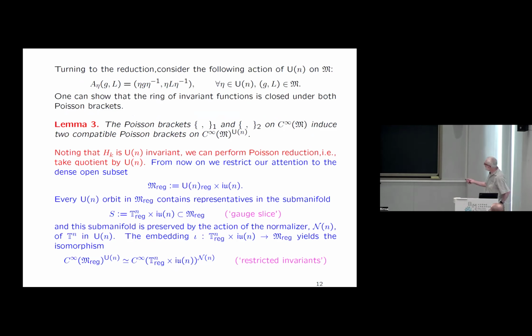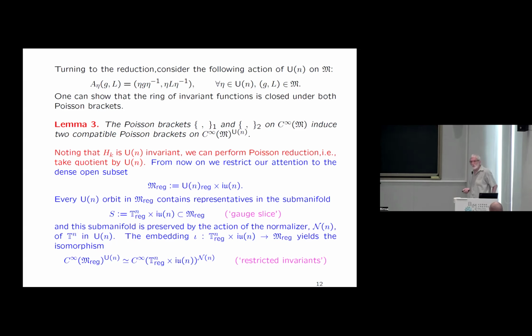Eta is an element of the group UN, and it acts by conjugating both of those matrices. And it turns out that the reduction means that we just keep the observables which are invariant under this symmetry, the invariant functions, or geometrically speaking, we take the quotient of the phase space by this action.